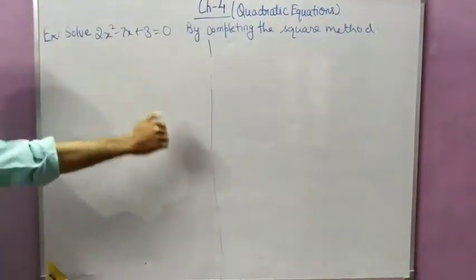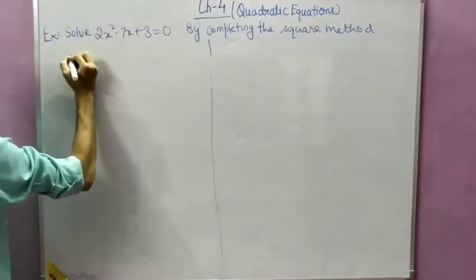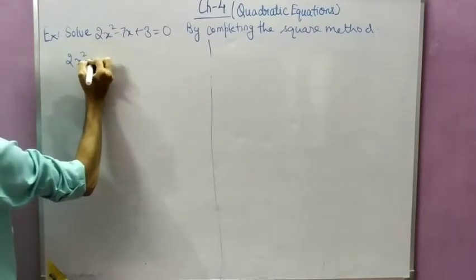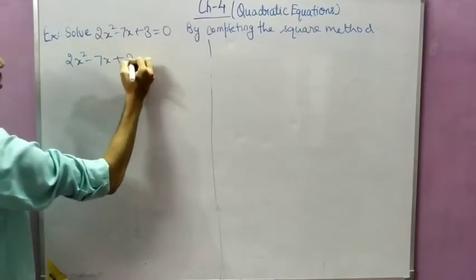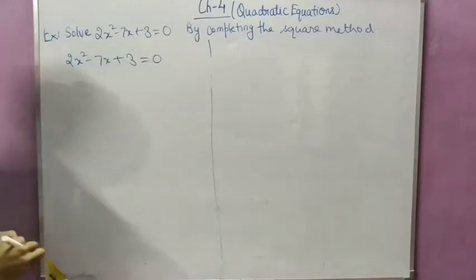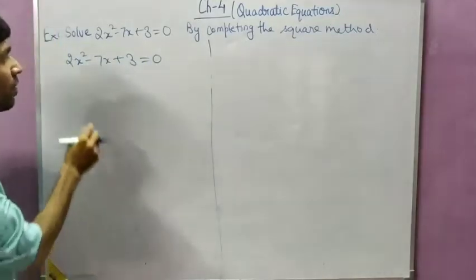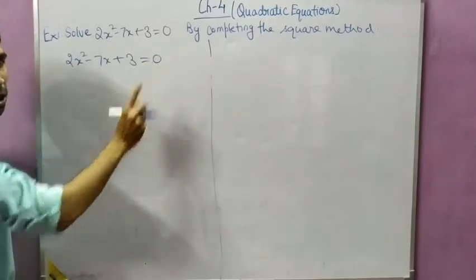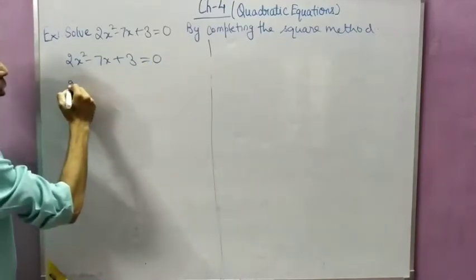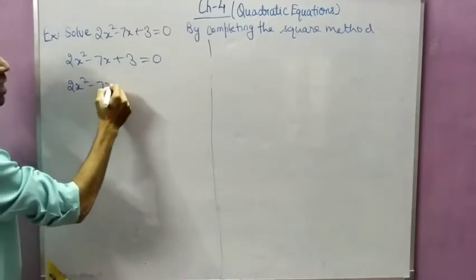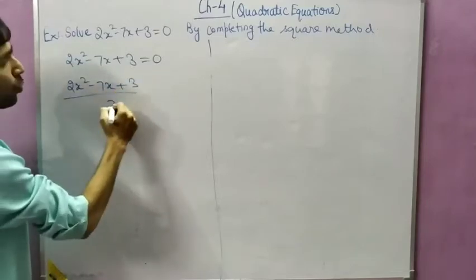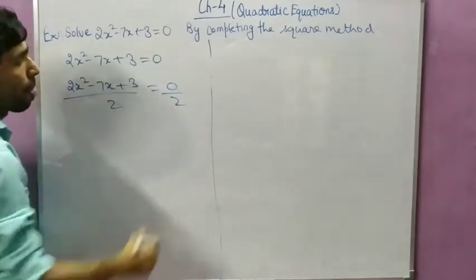So it is a new question. We have to solve 2x square minus 7x plus 3 equal to 0. Now we have to make the coefficient of x square 1, so we will divide this expression by 2. So 2x square minus 7x plus 3 divided by 2 equal to 0 by 2.